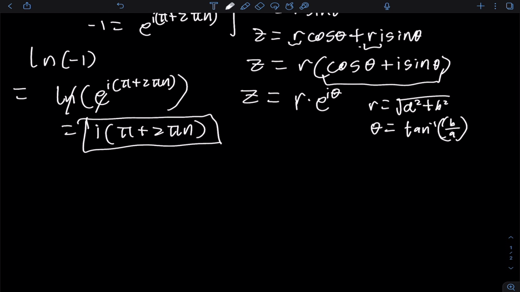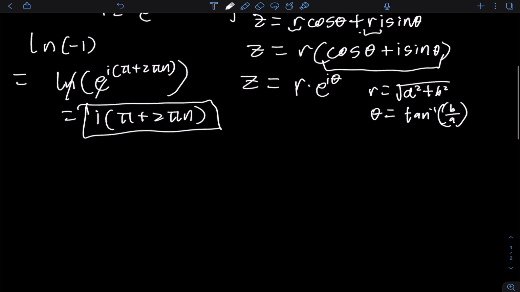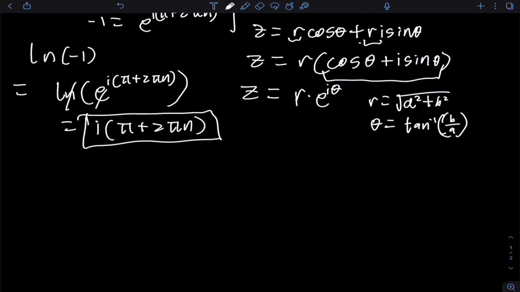To take a simpler example, look at the square root function. 2 squared is always going to be 4. However, if you say that x squared is 4, and then you take the square root on both sides, you will have positive or minus 2. A branch of the square root function would be a continuous function that selects one of these values for each input.